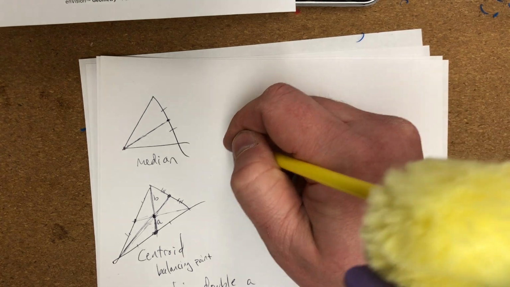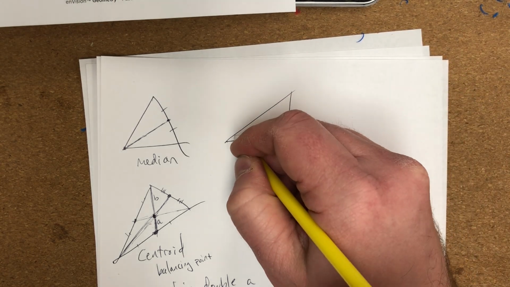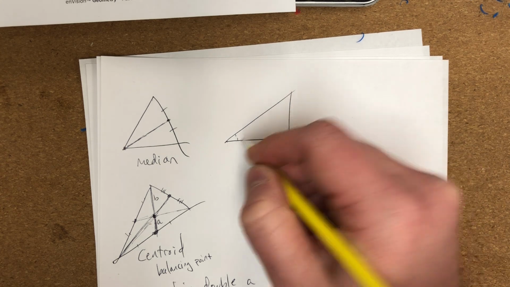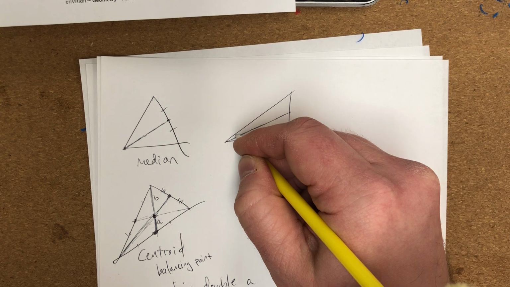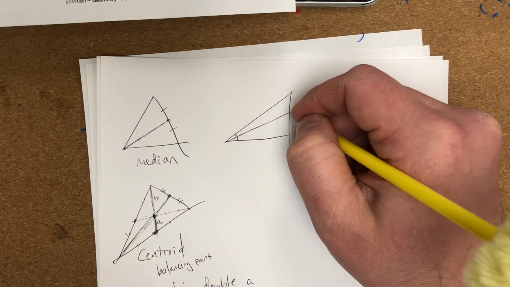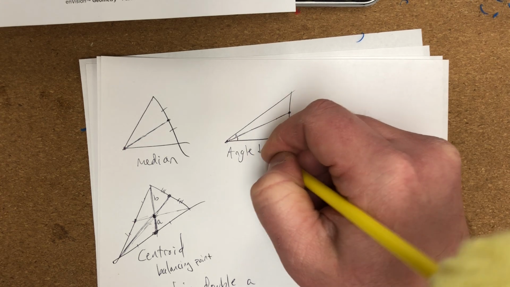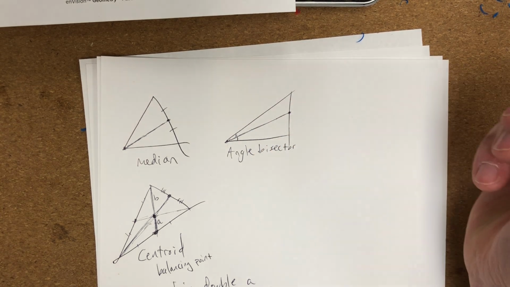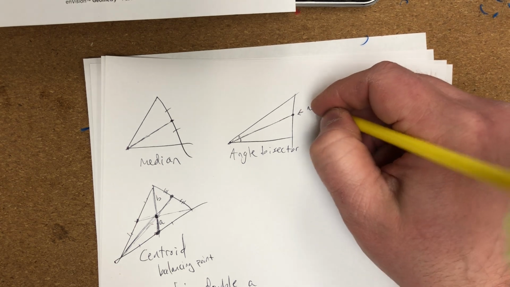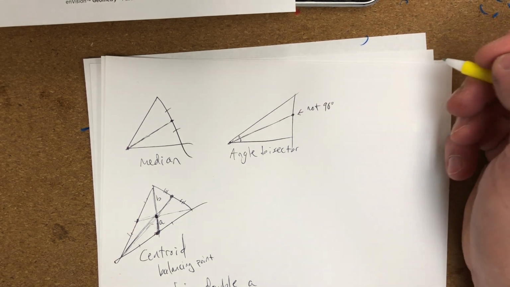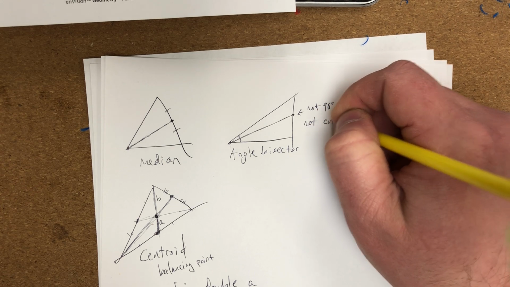Next we'll look at angle bisectors. So just pick a random angle. An angle bisector is where we cut an angle in half. That's my best there. And this is called an angle bisector. The thing about an angle bisector is, notice this is not always 90 degrees, and the side is not always cut in half.